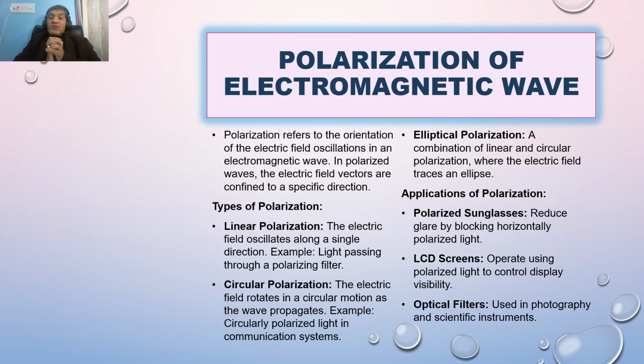So here are some applications of polarization. Polarized sunglasses are frequently used to reduce glare by blocking horizontally polarized light as we travel in a car. Car drivers also use such types of glasses so that it is very easy to drive in night vision.